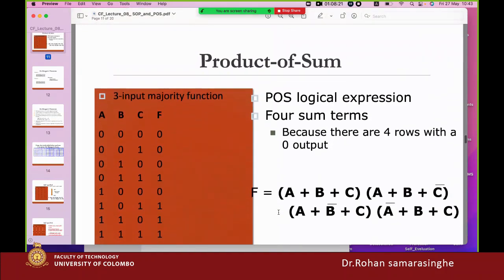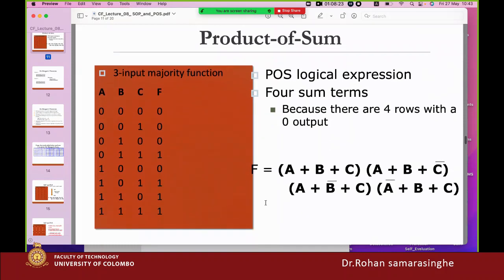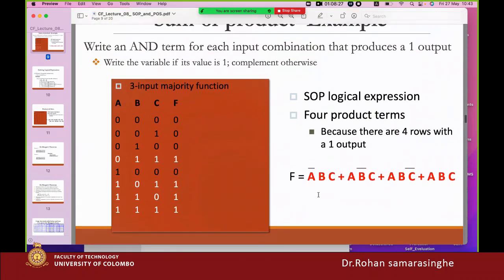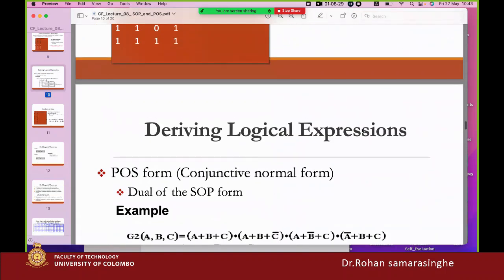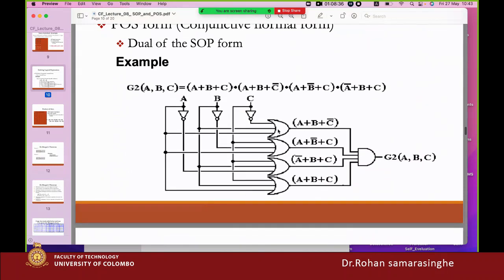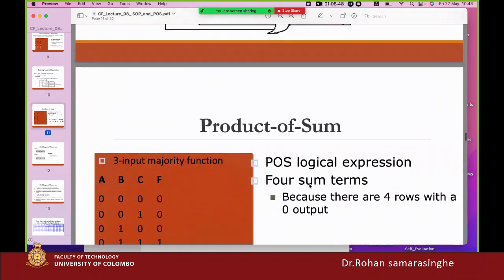Let's see how to get the product of sum. Here you can see the sum of product. Deriving the logical expression, you can get the product of sum, the conjunctive normal form, having the OR gates, and finally the AND gate to get the product of these 4 terms.